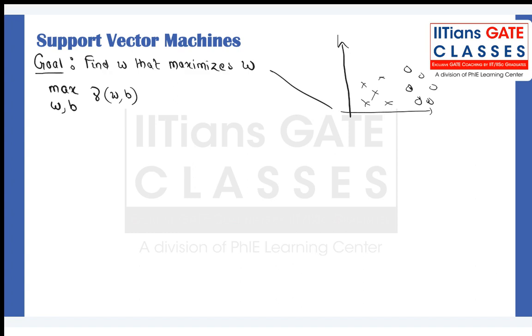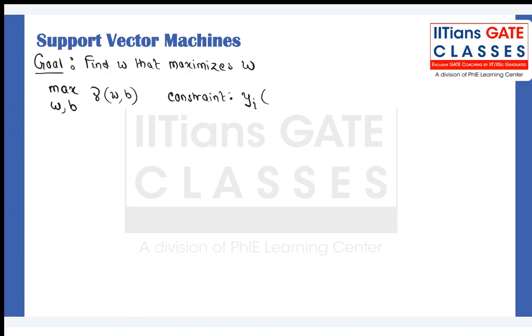So what is the problem here? We also have to consider a constraint that the hyperplane should classify the points correctly. So the constraint is that yi times (W transpose xi plus B) should be greater than or equal to 0 for all i.